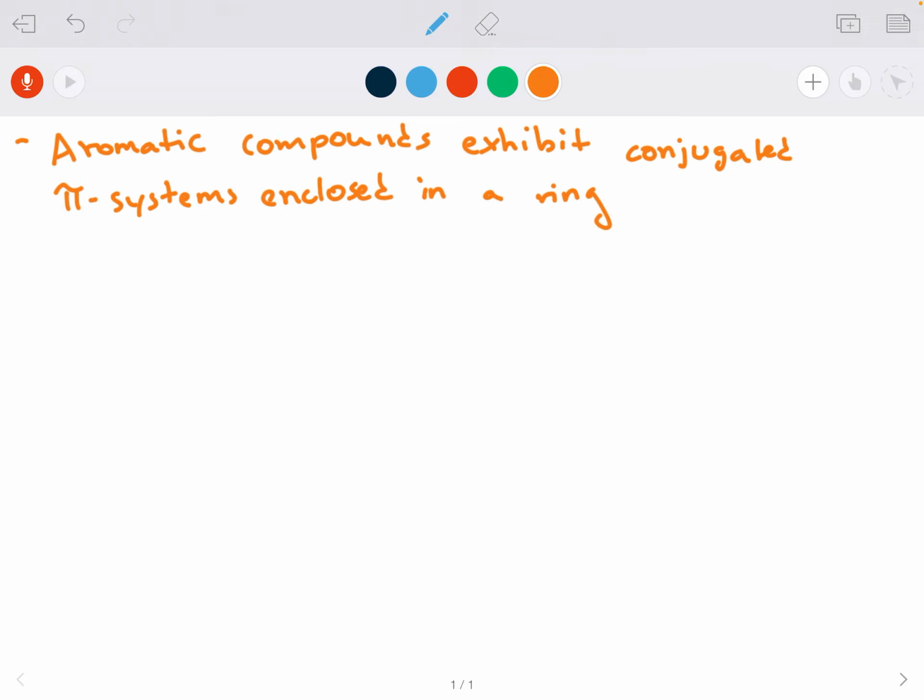So I'm going to put down here just a few examples of aromatic compounds. So the simplest one, and many aromatic compounds are derivatives of it, is benzene. You can also have aromatic compounds that consist of more than one ring.